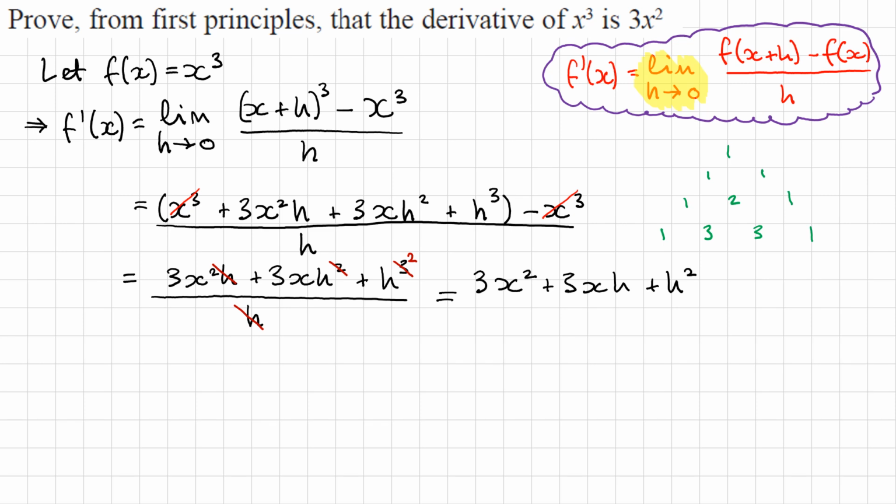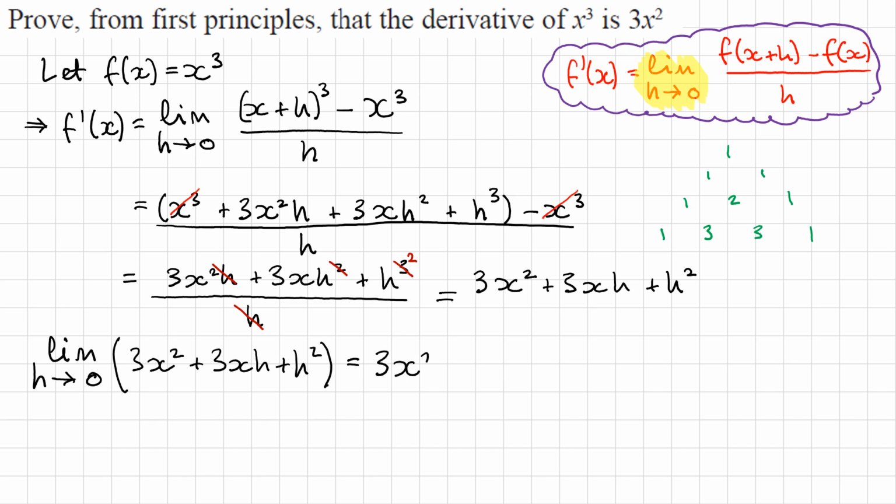So now I'm going to write out this limit as h tends to 0, and the limit as h tends to 0 of 3x squared plus 3xh plus h squared is going to be equal to 3x squared, because all of these basically are going to become times by 0, so they're going to disappear.